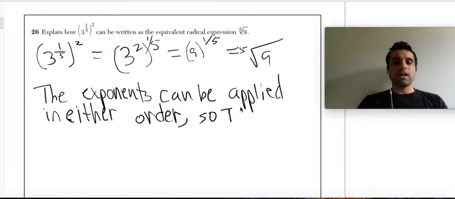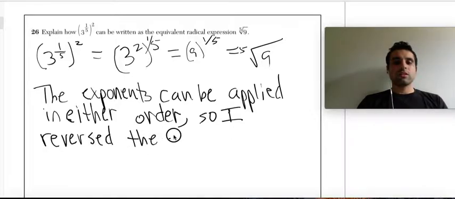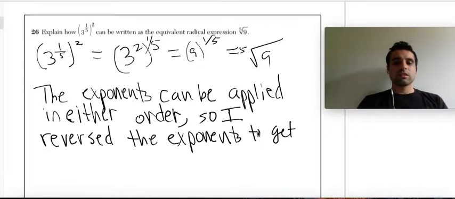So I reversed the exponents to get 3 squared to the 1/5.